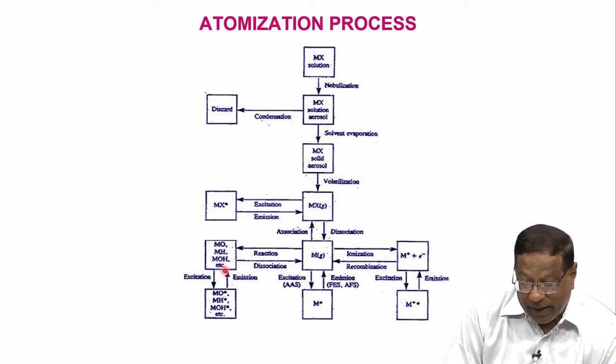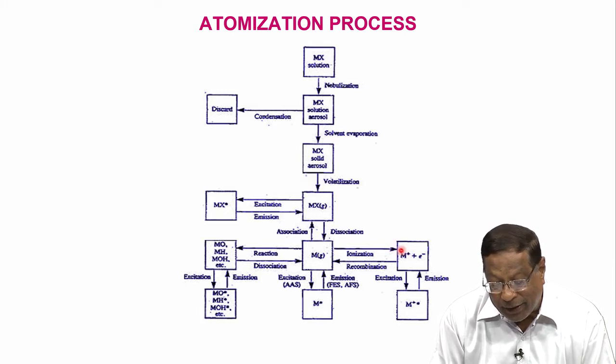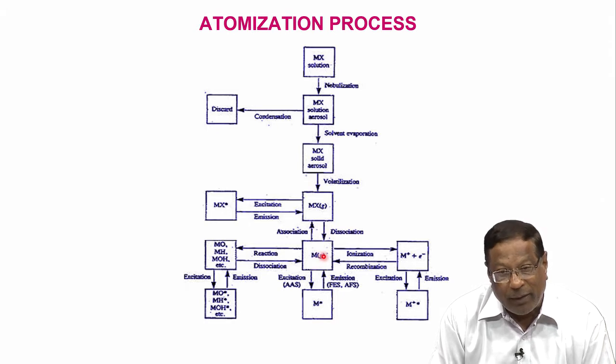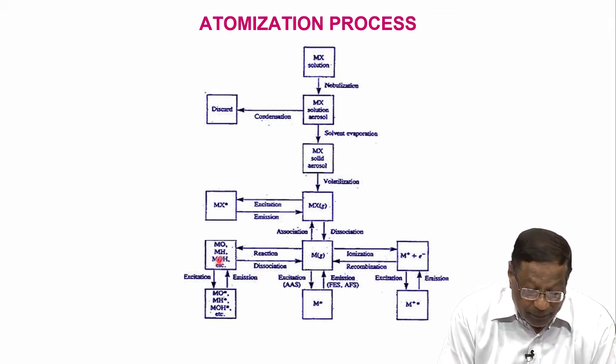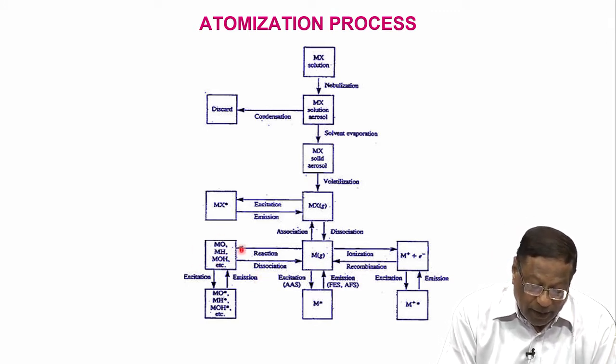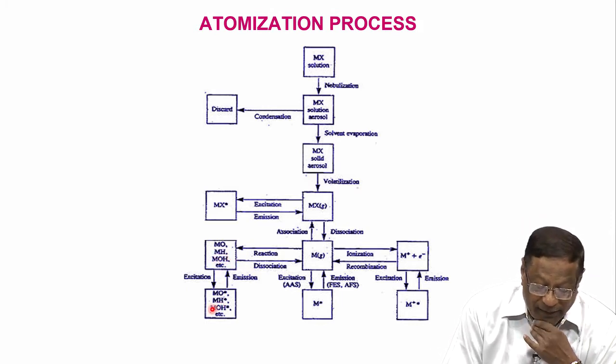And then another way of losing is that they undergo ionization, M plus and e minus. This is again an equilibrium reaction, and M plus and e minus can combine to give you metal in the gaseous form. Now, the excited molecular compounds can get excited to a higher energy level and emission.